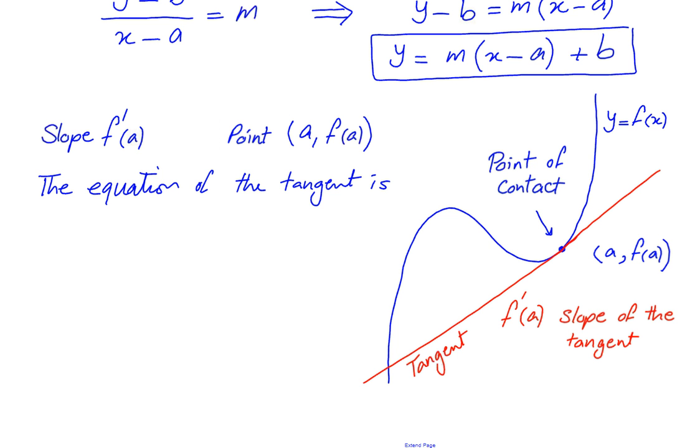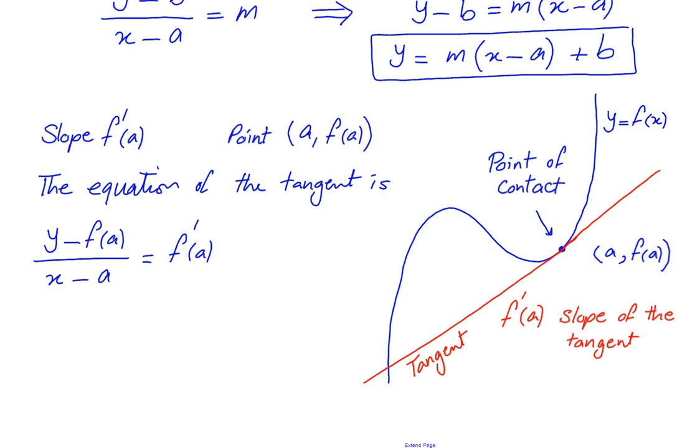so the equation of the tangent is (y minus the y coordinate of the point of contact, that is f of a) over (x minus the x coordinate of the point of contact, that's a) is equal to the slope of the tangent, which is f dash of a. So that's one form.